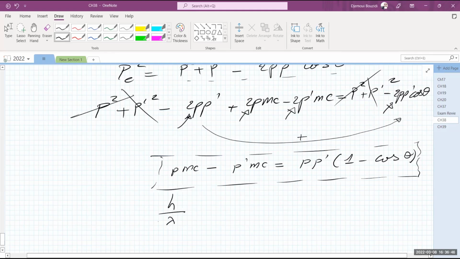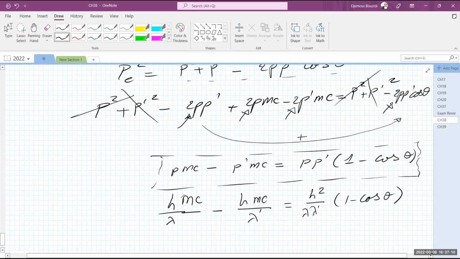Did I have a term in here that is not supposed to be in the... yeah, h over lambda times mc minus h mc, this same mc, divided by lambda prime is equal to the product of the two momenta, which is h squared over lambda prime times 1 minus cosine theta.